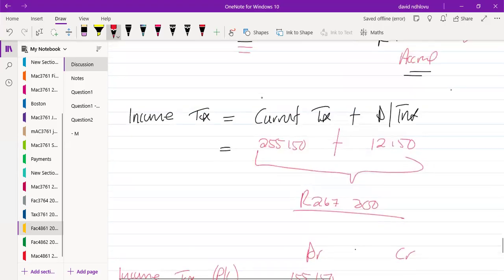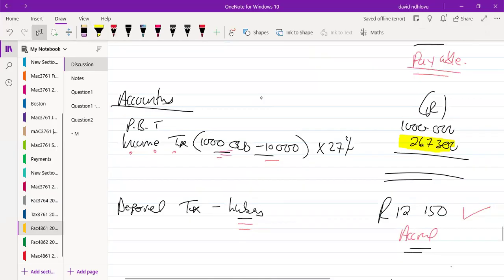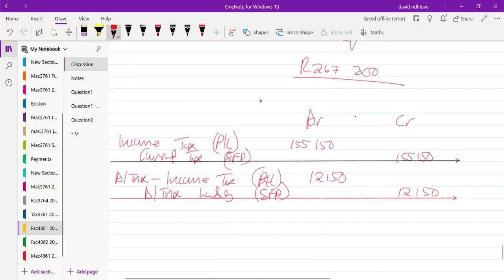So via the journal, we would have populated this line, which is income tax in the P&L, because we are going to have that particular amount. Let's correct the income tax journal. It must be 255, not 155.